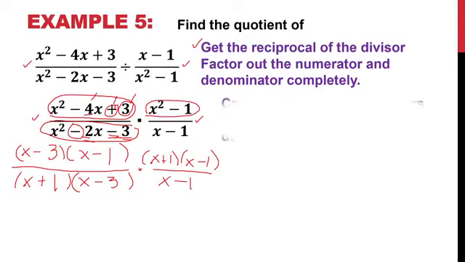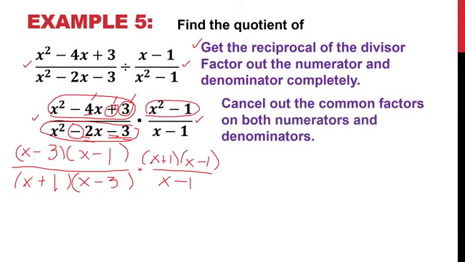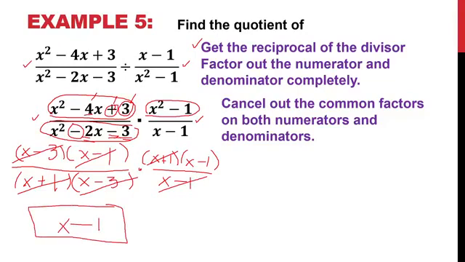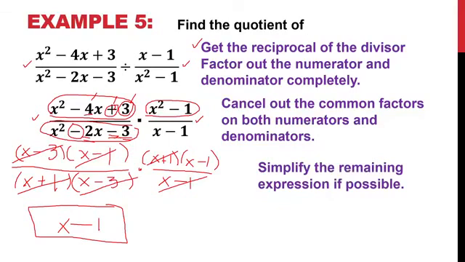And the most awaited part, the cancellation part. So I'm going to cancel x minus 3. I'm going to cancel x minus 1. I'm going to cancel x plus 1. And I am left with x minus 1.